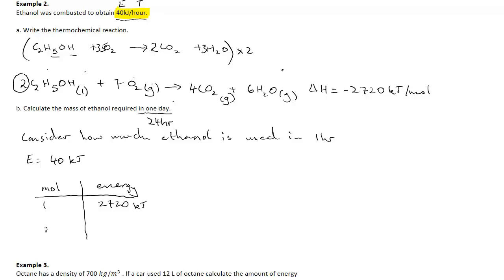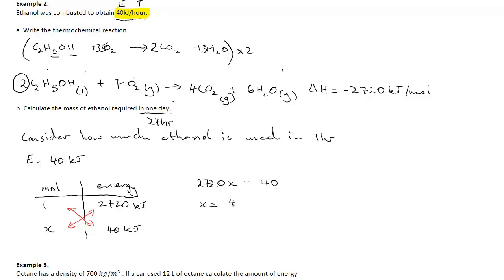We don't know how many moles are required to produce 40 kilojoules of energy, but we can work it out because cross multiplication works very well in this situation. To cross multiply, 2,720 times x equals 1 times 40, so it's just 40.